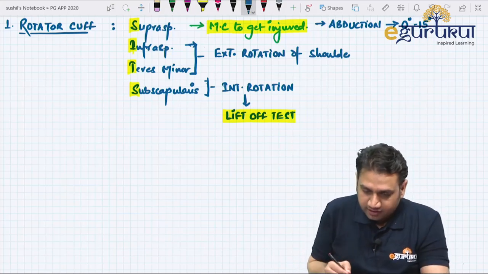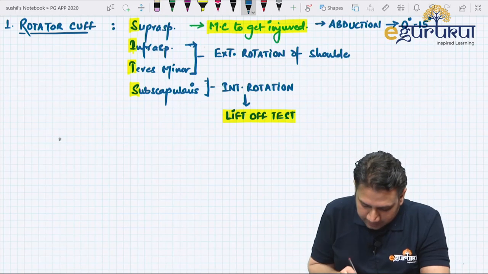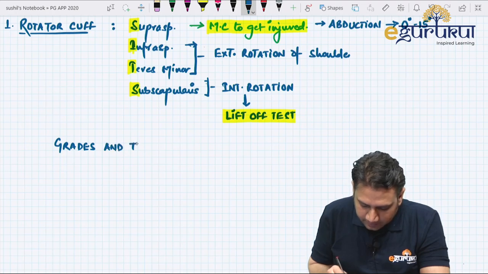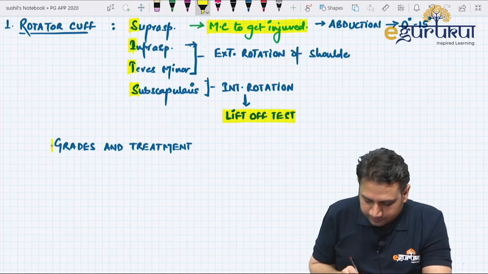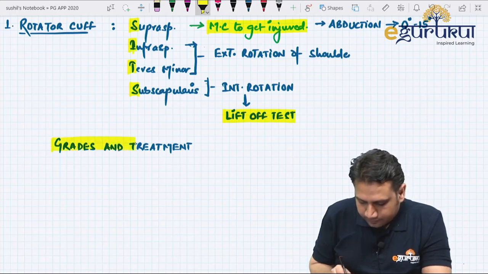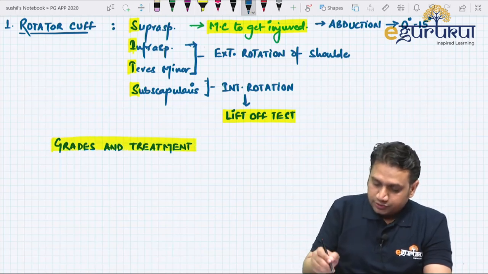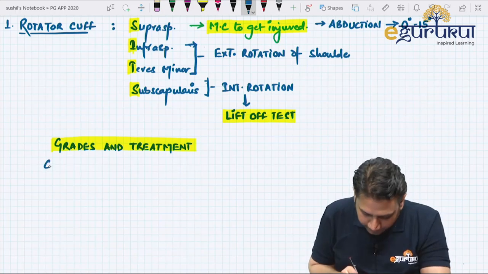So the grades and treatment for rotator cuff injury. When do you say it is a grade 1 injury?